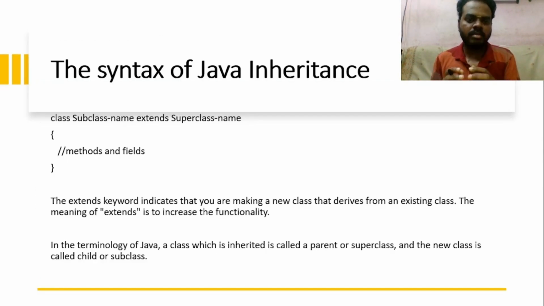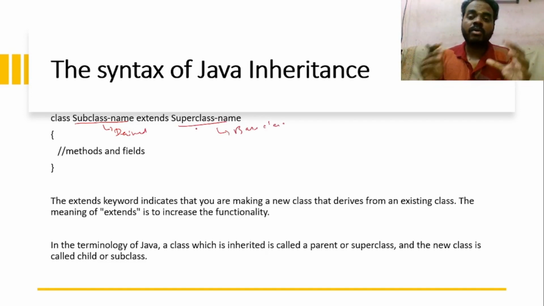The next thing you're going to see is the basic syntax of Java inheritance. Before, I just explained what inheritance is. Inheritance is nothing but acquiring the data and methods from one class to another class, so we are working on multiple classes. The basic syntax is class subclass name extends superclass name. This subclass name is nothing but your derived class or child class, and this superclass name is nothing but your base class.